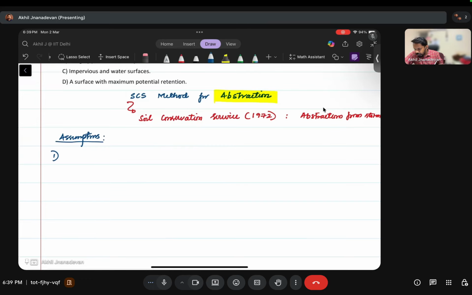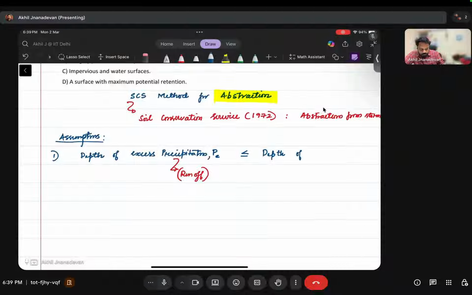The first one is that the depth of excess precipitation, PE, which is nothing but runoff, will be less than or equal to the depth of precipitation, P. This is obvious, right?